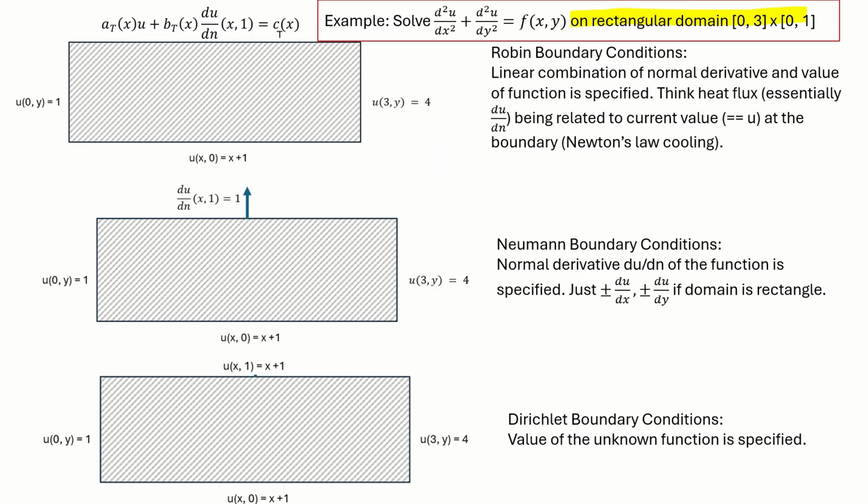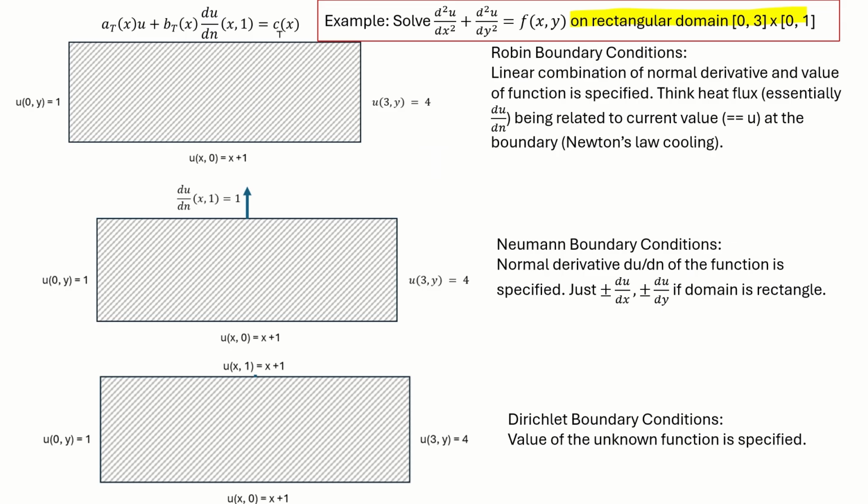If it were the right side of the rectangle with a Robin condition, we'd be using the subscript r. You'll see this being used later in the video. If you're curious, Robin conditions come up in Newton's law of cooling, where the heat flux through some side is related to the temperature there.